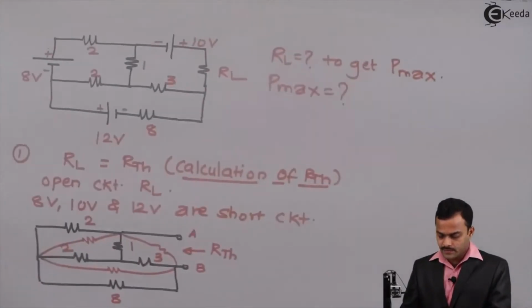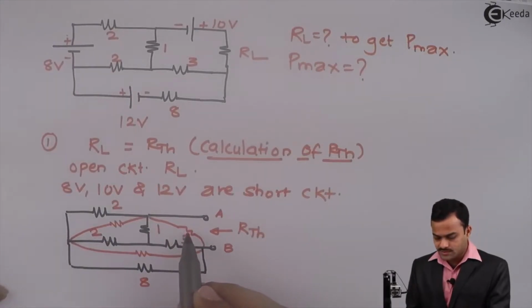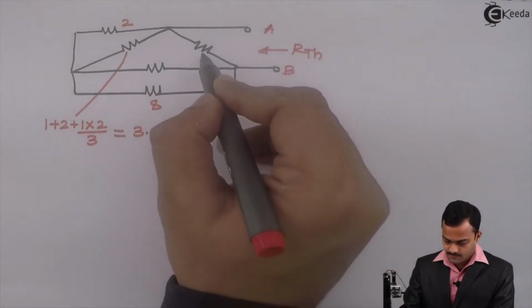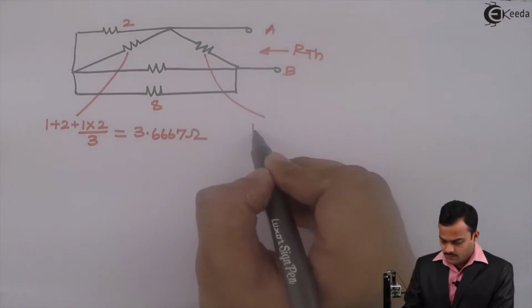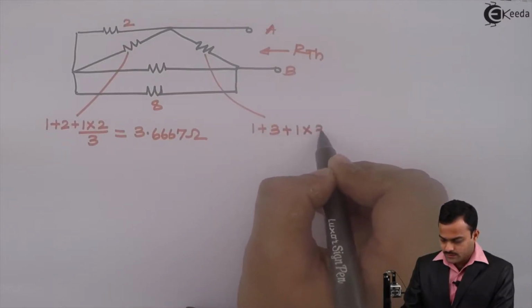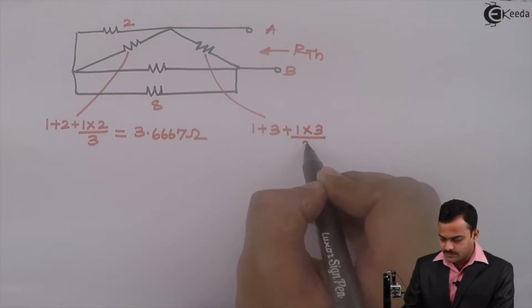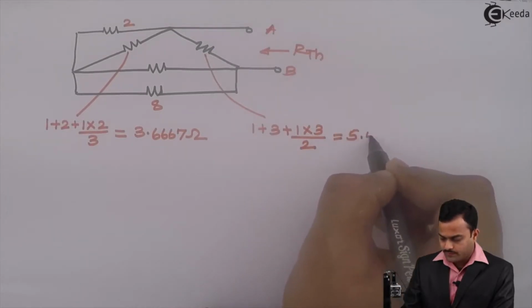Next is between 1 and 3. So I am talking about this resistance. The expression for this will be 1 plus 3 plus 1 into 3 divided by the third resistance, which is 2. I will get 5.5 ohm.